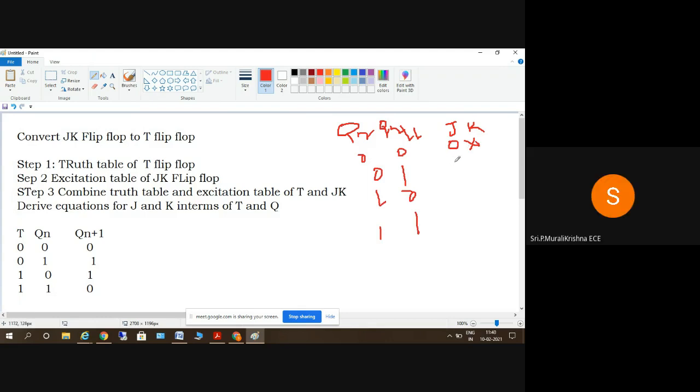For 1 0, it is don't care, 1. For 1 1, it is don't care, 0. So this is the excitation table of the JK flip-flop.